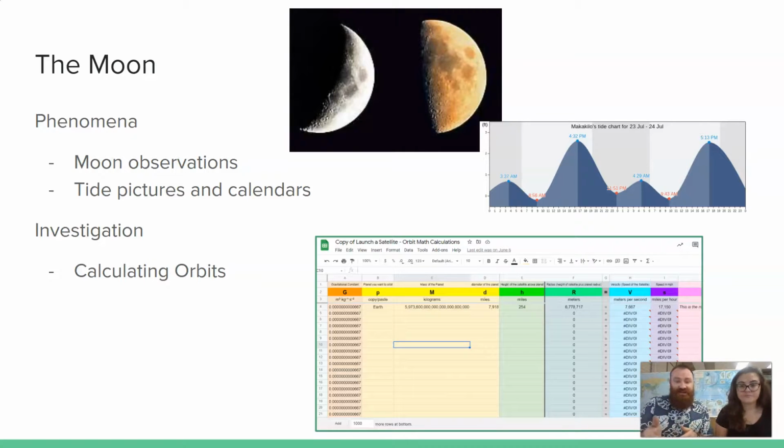So you can see in this image here, there's an example Google Sheet, and work with them to enter in the data to help launch some sort of satellite, which is you need to understand the mass of the planet that is going to be orbiting, as well as the height of that satellite, and then some more information so you can determine the answer to your hypothesis, which might be how does the distance from the planet affect the orbit.